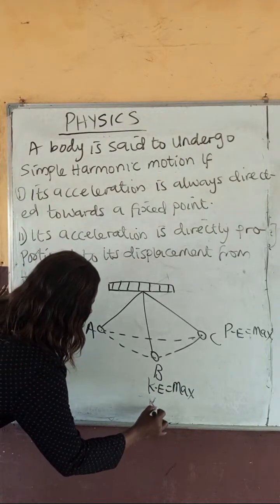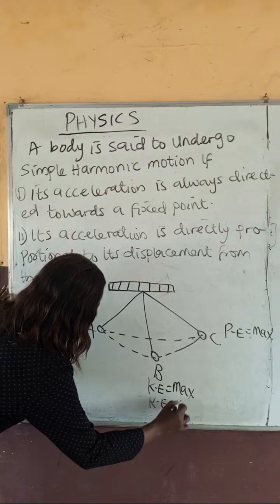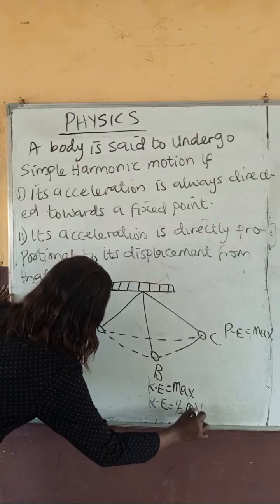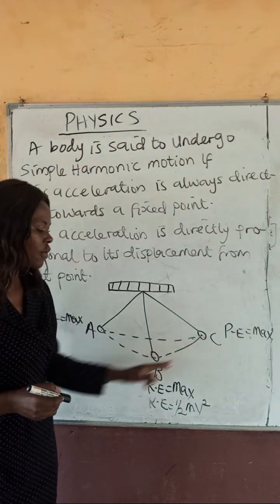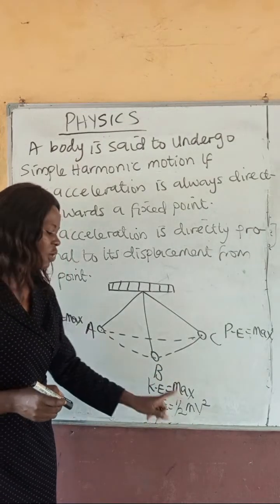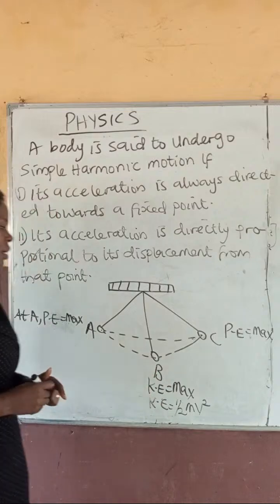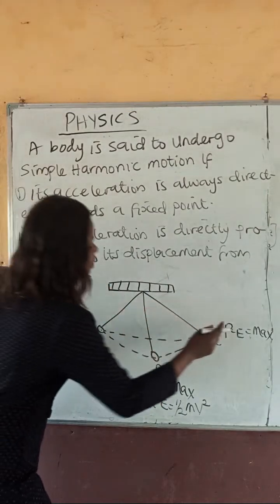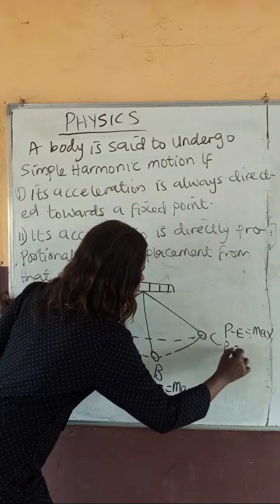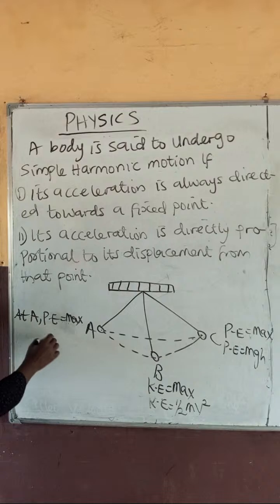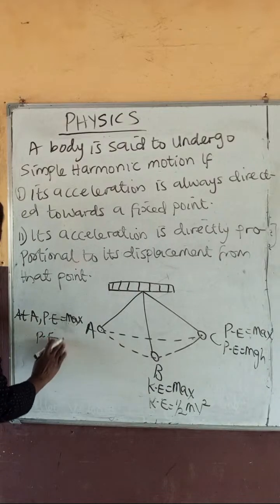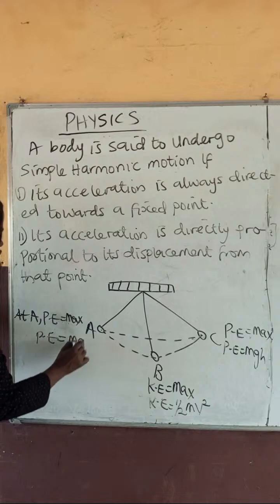Kinetic energy is equal to half mv squared. Now velocity is maximum at this point B. But at these two points, my potential energy PE is equal to mgh.